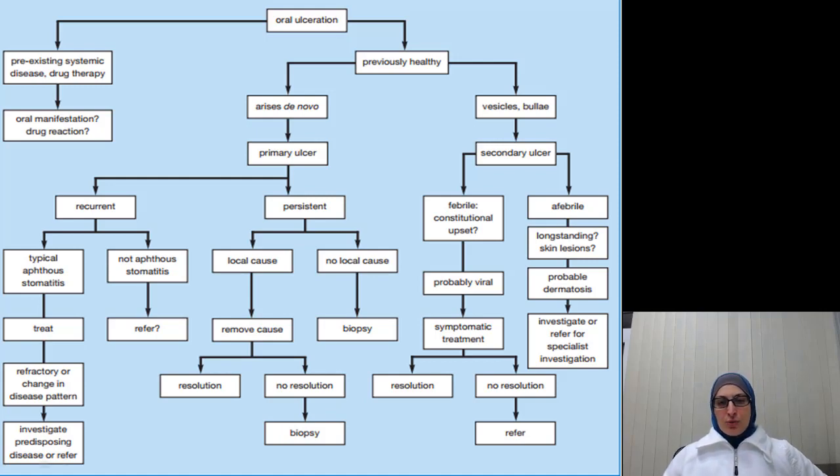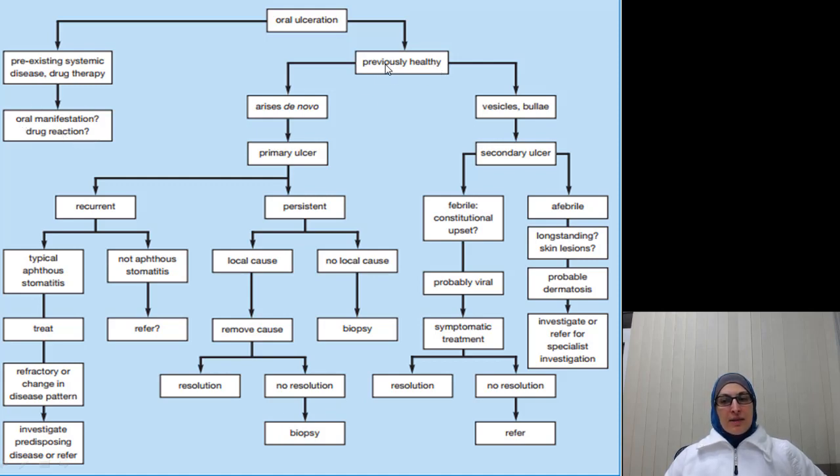This flow chart I thought would be useful for you to make a diagnosis, to check if there is a pre-existing systemic disease or if the patient is taking any medication. The ulcers might be related to the medication, or might be oral manifestations of the underlying disease.